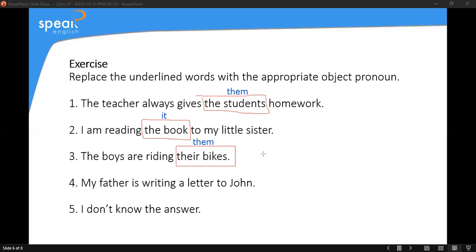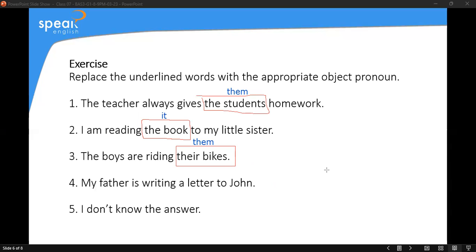Can you read the sentence, please? Just read the sentence. My father is writing a letter. Okay, thank you very much.